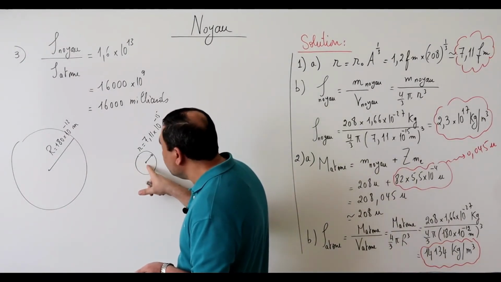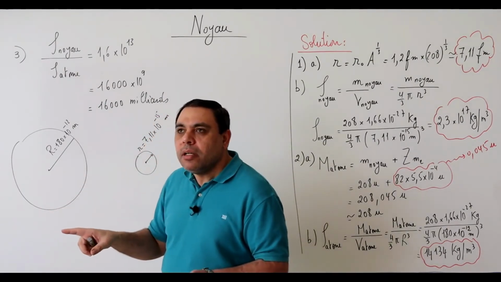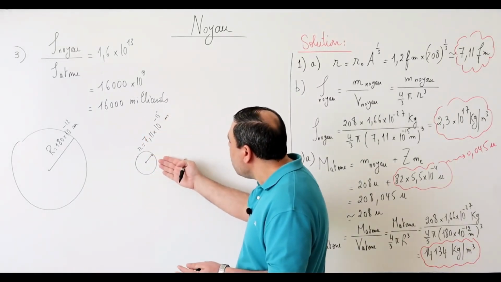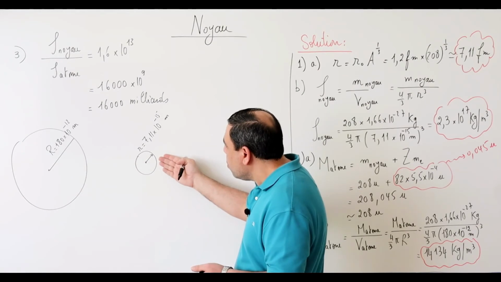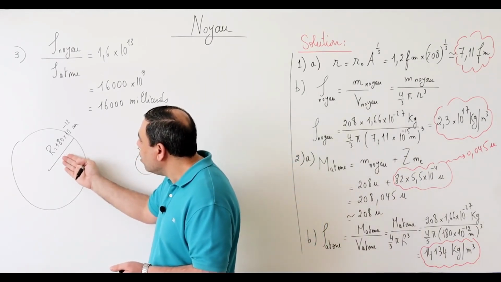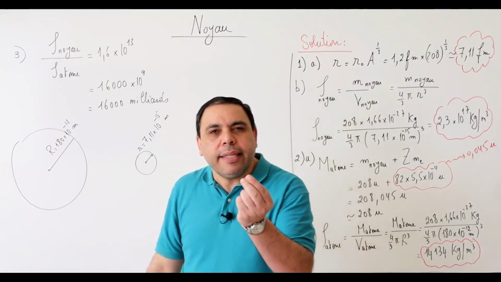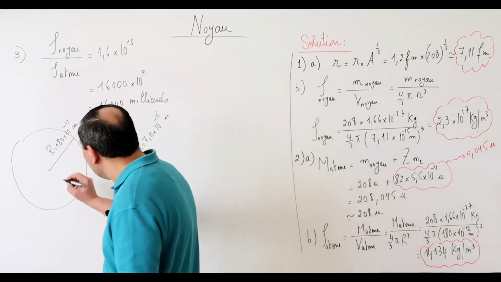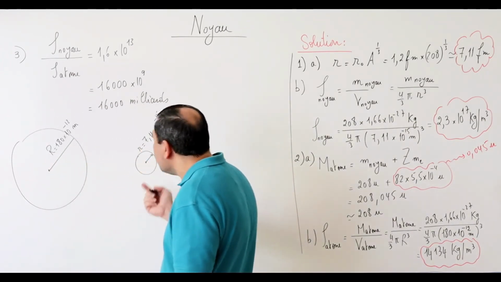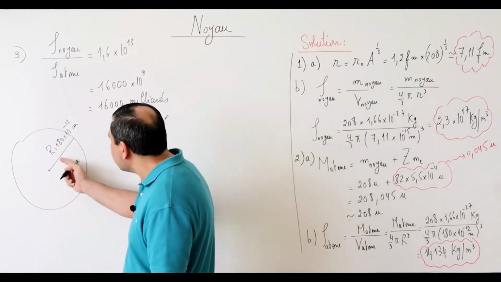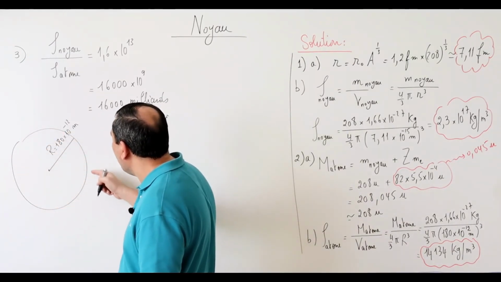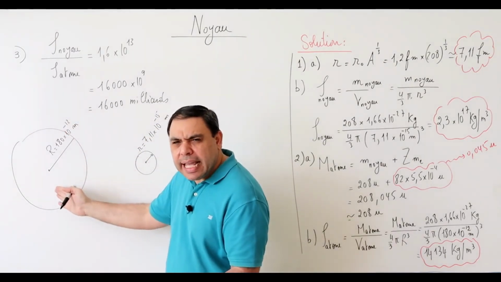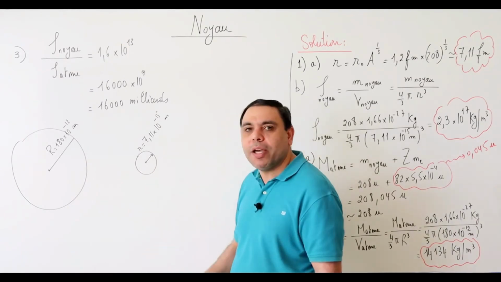Then the dimensions of the nucleus compared to its atom are extremely small, in the order of the thousands. So the dimensions of the nucleus compared to its atom is reduced to that of a point. This is the nucleus as a point. This is the atom. This is its volume. Its volume is much greater than that of the nucleus.